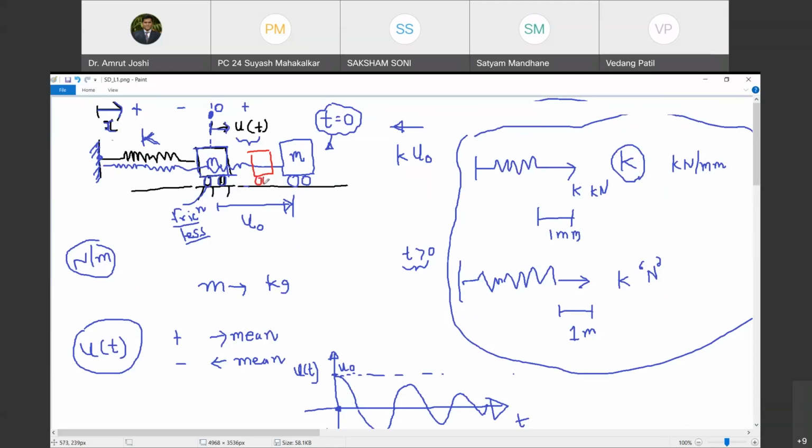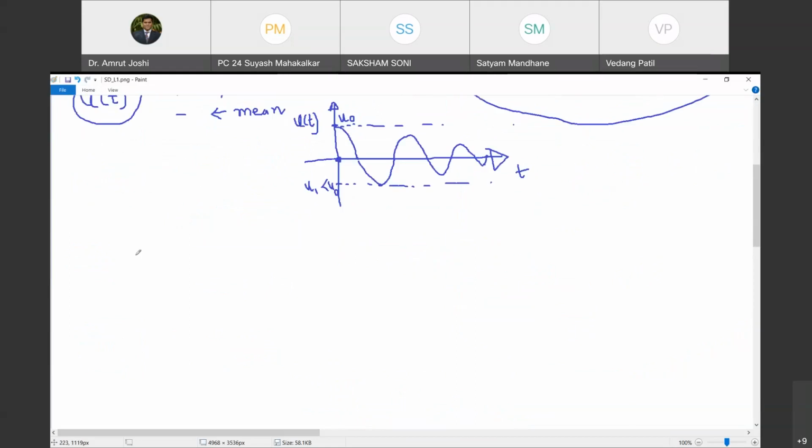This is the intermediate position, and I am going to draw its free body diagram. Can you tell me what a free body diagram is? It is a diagram where we show all the forces acting on a particular body. Yes, but then why do we call it specifically a free body diagram?